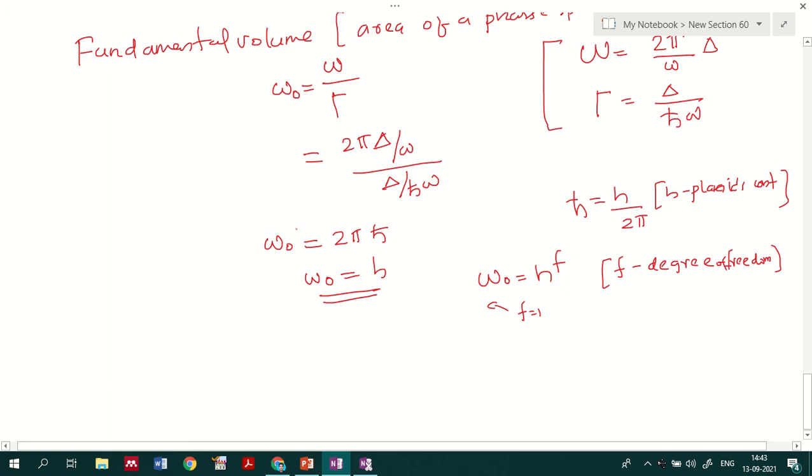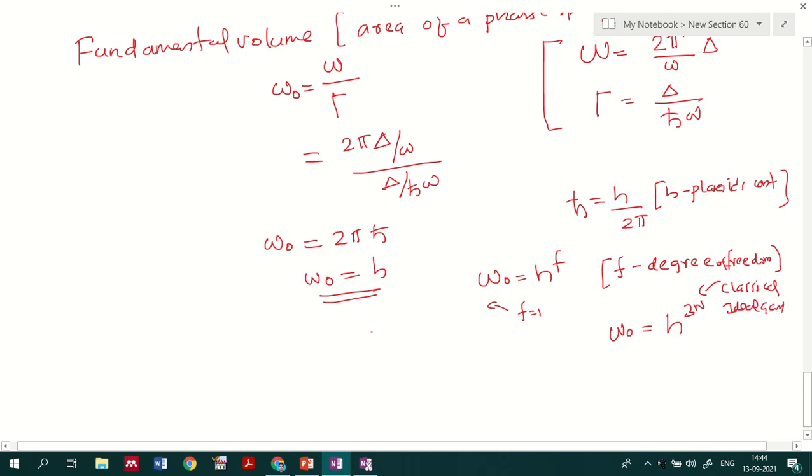So we get omega 0 equal to h, since the degree of freedom in this case is 1. And we know that earlier for the classical ideal gas it was h raised to 3N for classical three-dimensional particles.